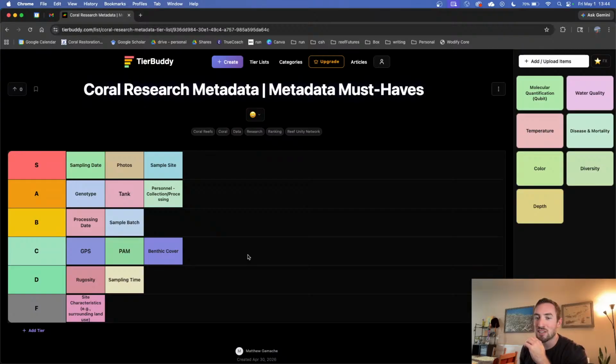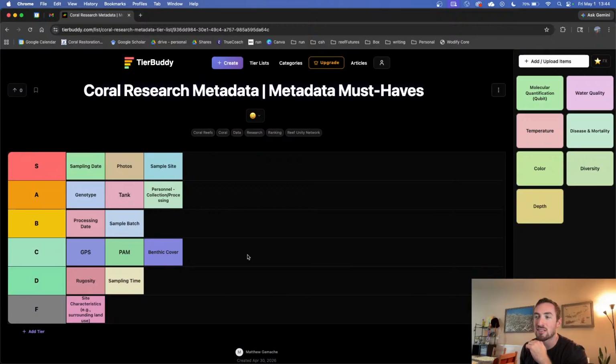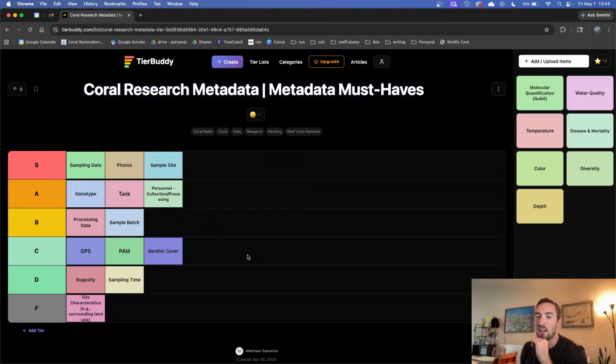This can be really used for most marine studies. If you're not doing a coral community study, then C. Okay, yeah. C or lower, so C would be your highest. Yeah, benthic cover is really useful for a lot of different marine studies.